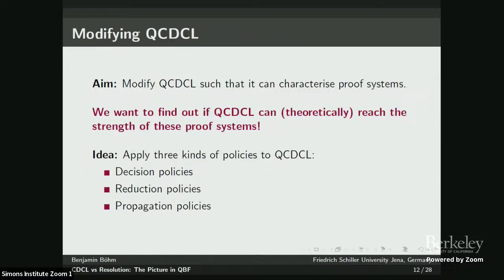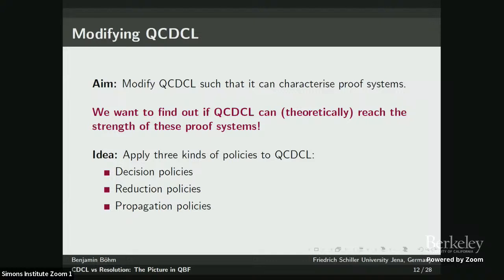How can we modify QCDCL to make it as strong as Q resolution, long distance Q resolution, and so on? Our purpose is to find out if QCDCL can theoretically, as a proof system, reach the strength of these proof systems I have defined before.